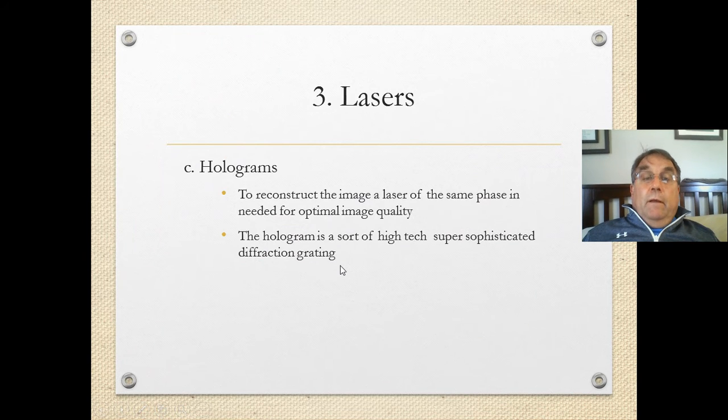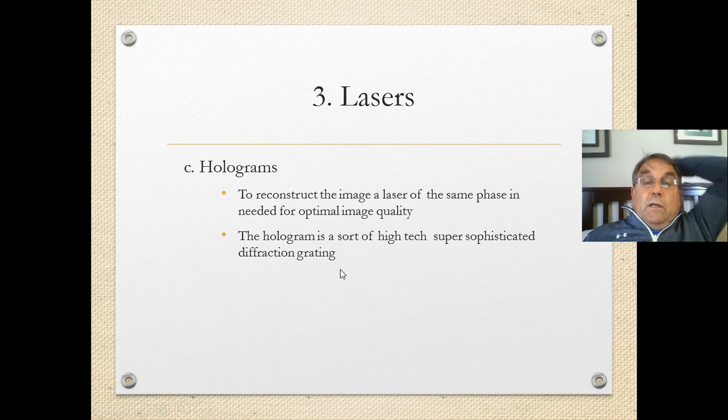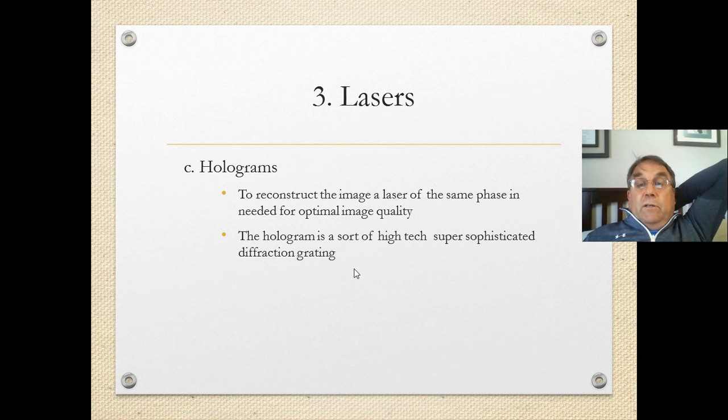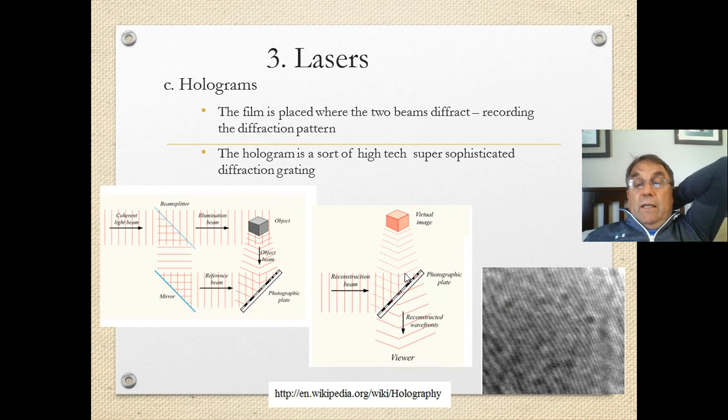So, holograms. To construct the image, a laser of the same phase is needed for optical image quality. The hologram is a sort of high-tech, super sophisticated diffraction grating. What you see here is similar in kind to a simple diffraction grating, which is a bunch of straight lines.